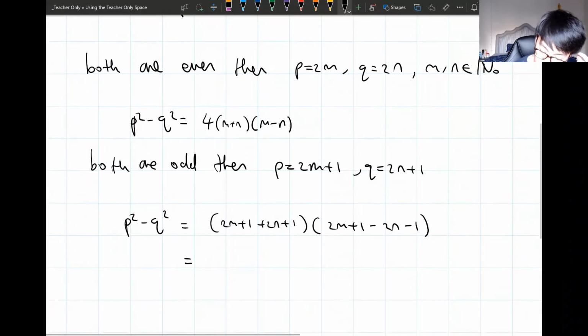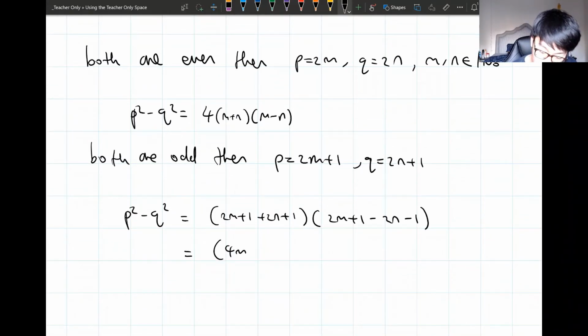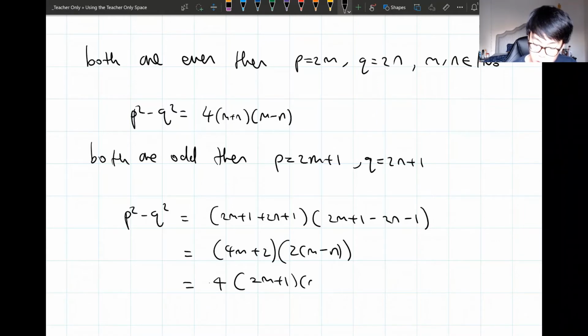This will give us (2m plus 2n plus 2) multiplied by (2m minus 2n). Taking a factor of 2 out from both brackets, we will get 4 multiplied by (m plus n plus 1)(m minus n). Again, a multiple of 4, so this cannot happen. So if p and q are both odd, then the difference between the squares is not in the form 4k plus 2.